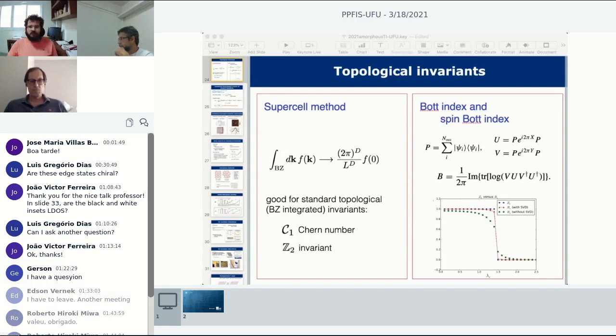So maybe in the tight-binding model, you could reduce the hopping parameter, and once the hopping parameter is very small, there will be no chemical bonds between the sites, and you might reach back the atomic limit. So let's start from a very small hopping parameter and then increase it, and then maybe you can see the gap closing and opening to realize the topological phase transition. That may be a way to see it, instead of using this periodic and open boundary condition procedure, just by manipulating the hopping. What do you think?